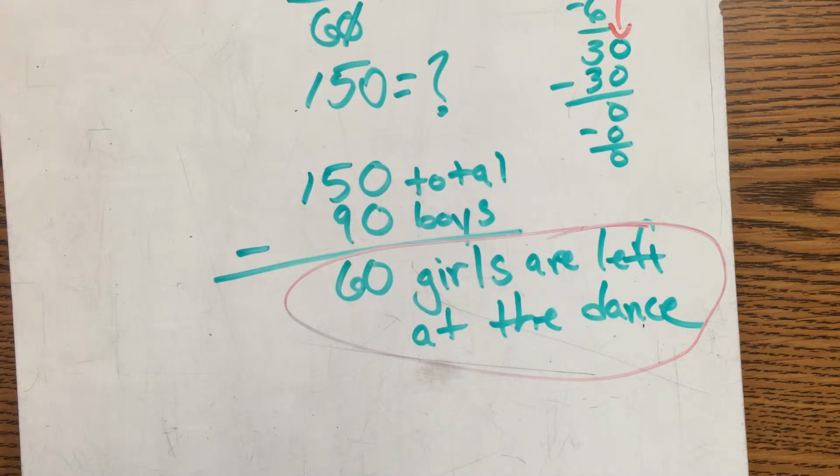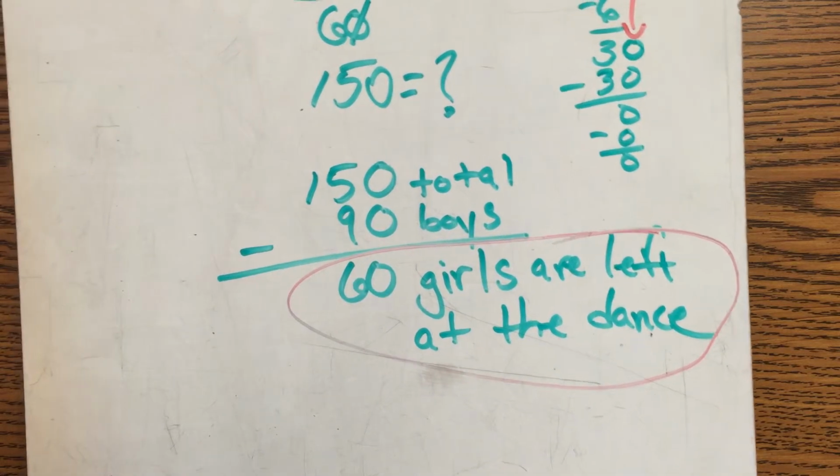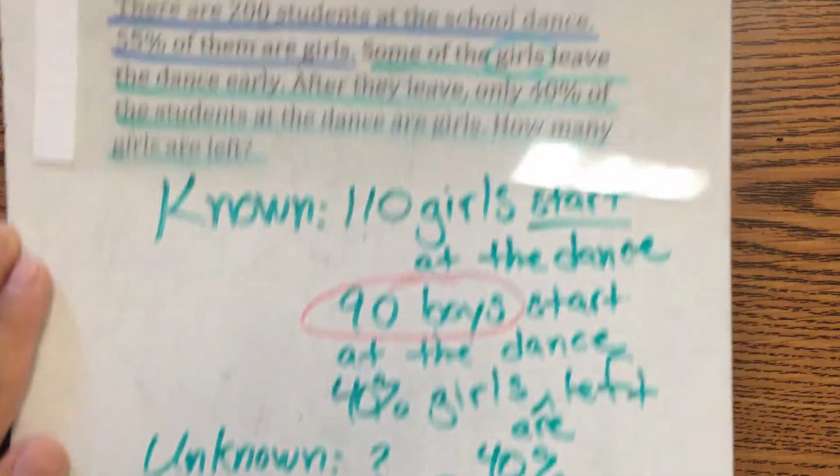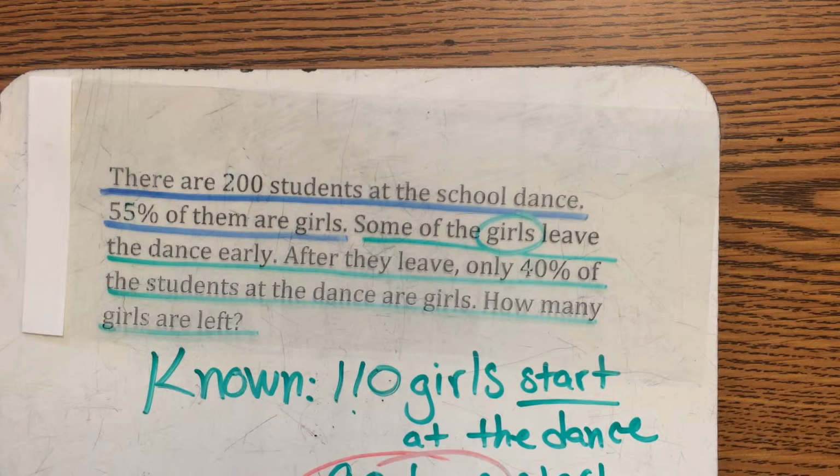Let's check my work. How can I check if I'm right? Let's look back at the question for a clue. The last question was 40% of the students at the dance are girls. How many girls are left?